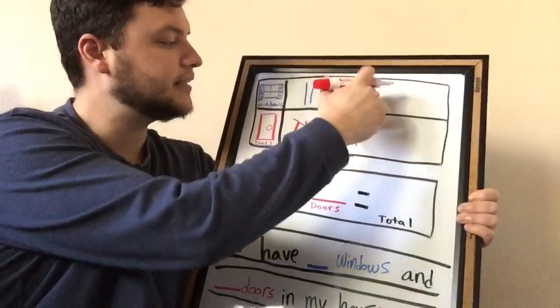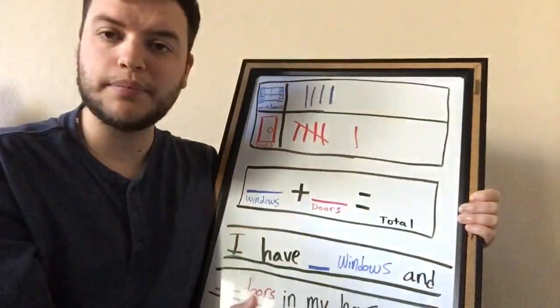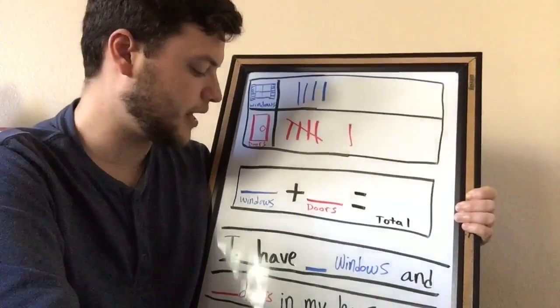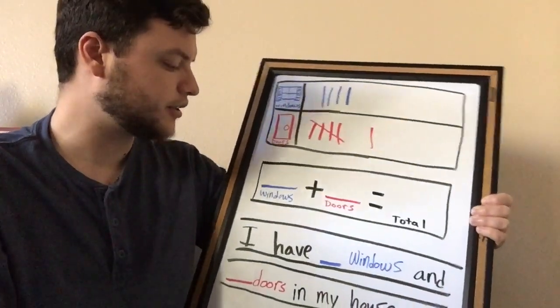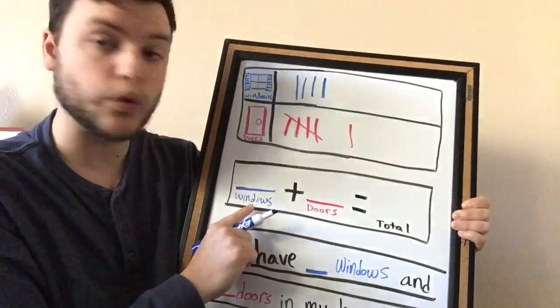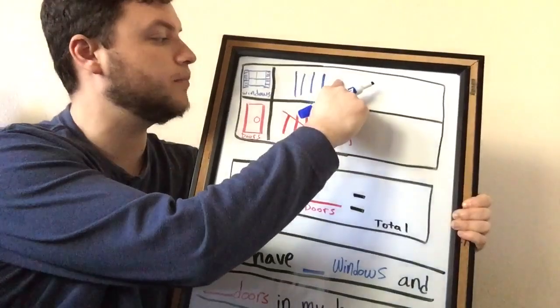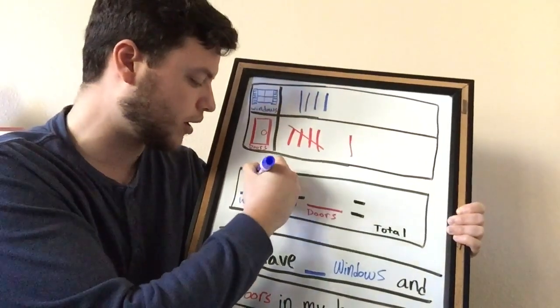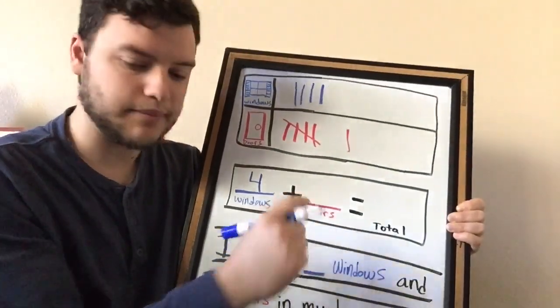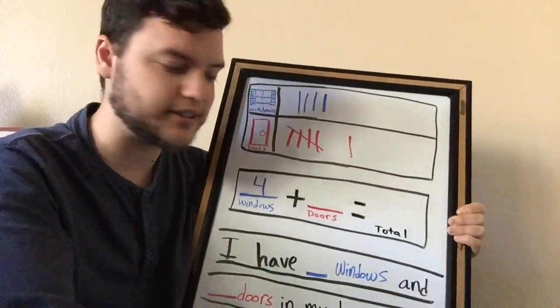Now, we're going to take this information that we have on the top here, and we're going to fill in an equation, okay? So, I'm going to start with the blue line, and under the blue line it says windows. So I'm going to see, oh, that's color coordinated. So 4 is going to go here. Plus, that means I'm adding 2 numbers together.